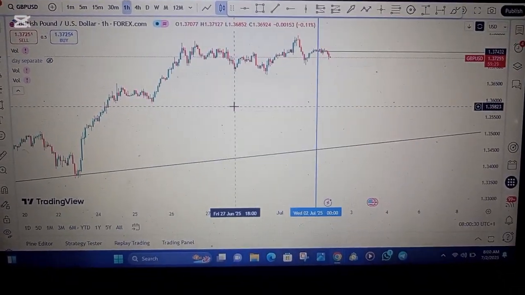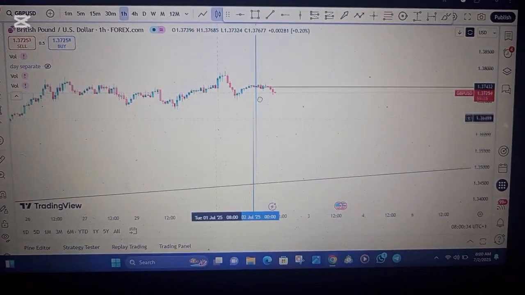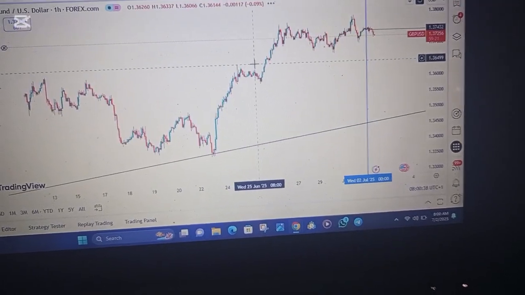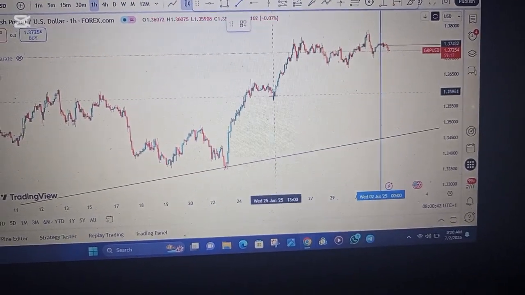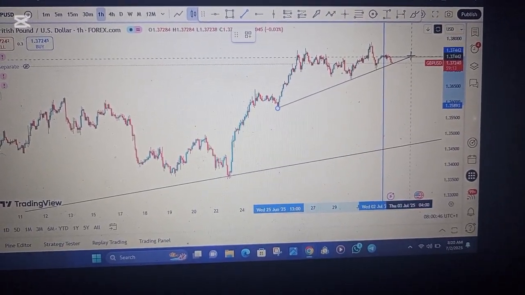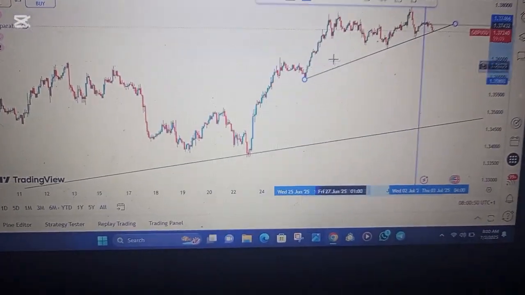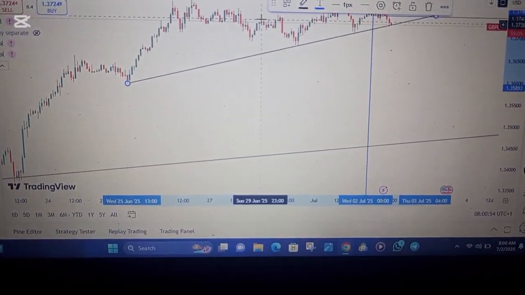As you can see, the downside is really manifesting now. And then let's put our mini trend line for the smaller time frame. This is how to do analysis, top-down analysis, which I'm teaching you guys.